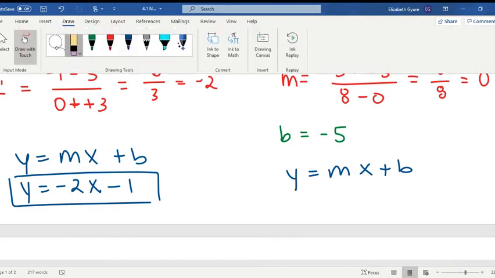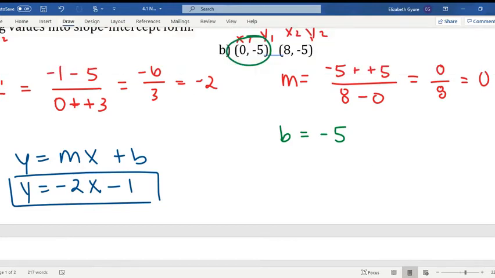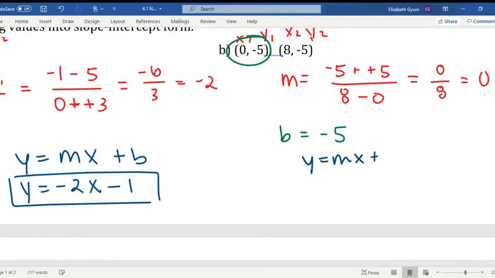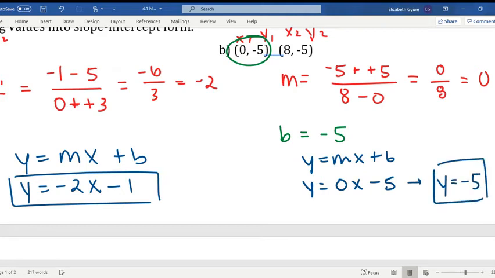Let me scoot this up because I didn't have as much room as I thought. So when you do your y equals mx plus b, you would have y equals 0x minus 5, right? But do you really need to include the 0x? Can you if you want? Yeah, but if you want, this would just be y equals -5. Either way.